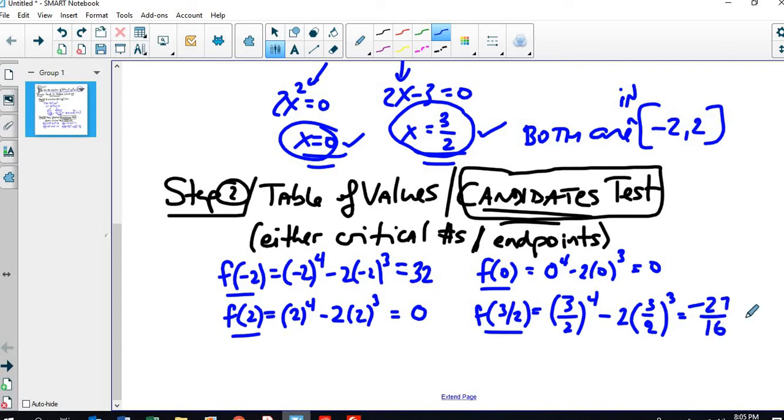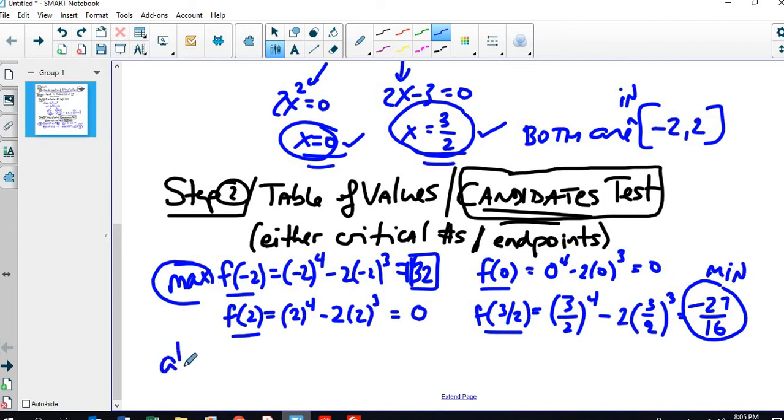Okay, so which of these 4 is the largest value? 32 is the largest value, so that's my max. Which one's the smallest? This one's negative, it's the min. And so my absolute max is 32, and that occurs at x equal -2.